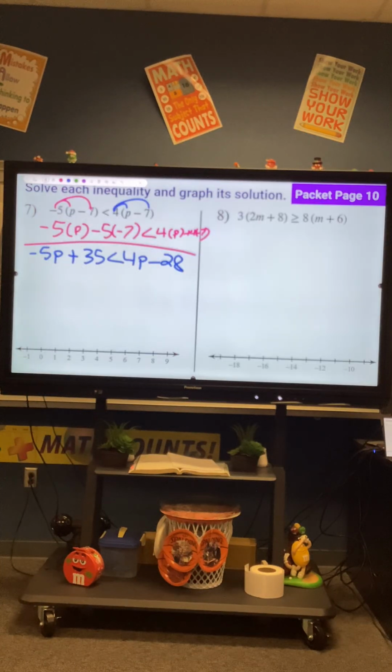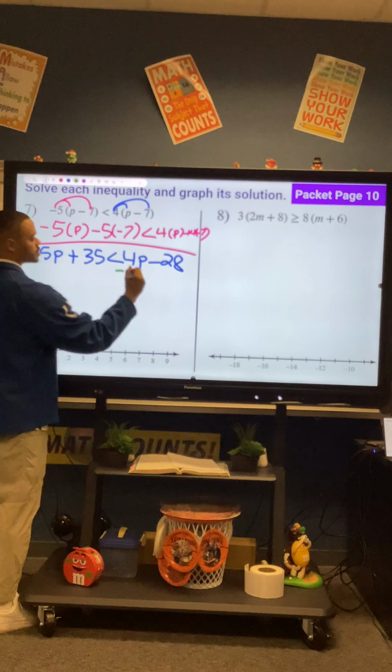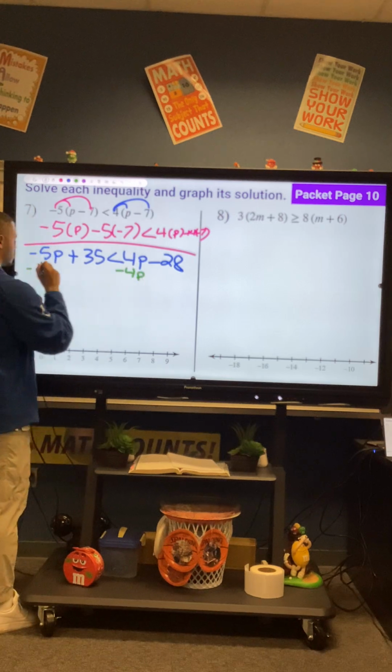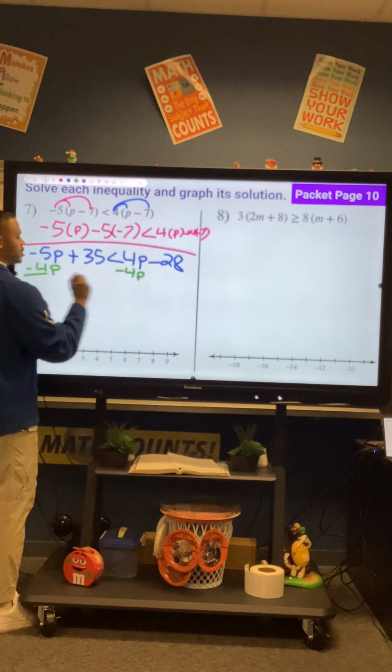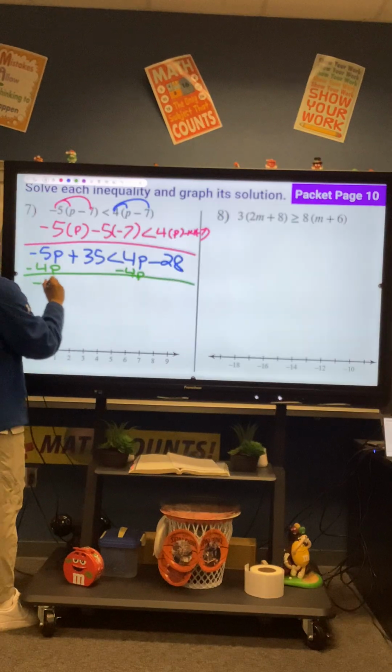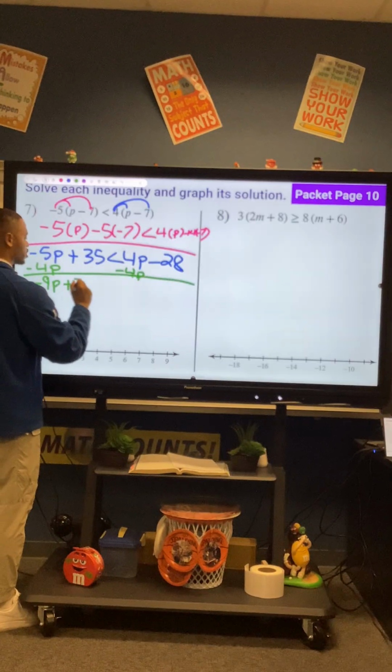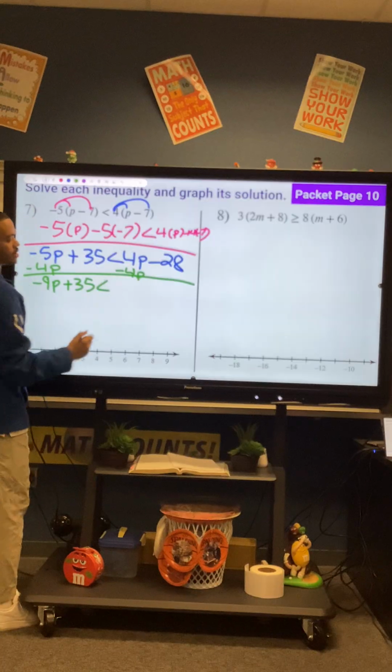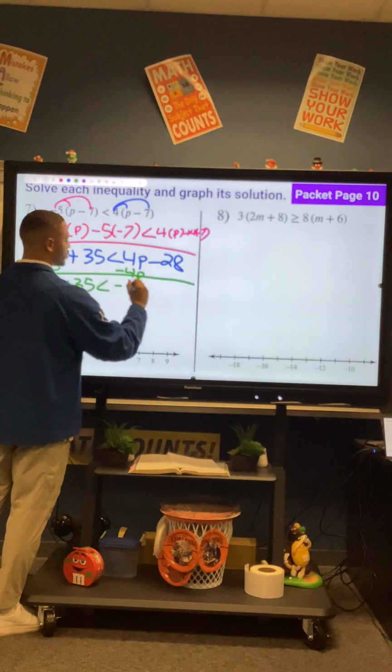Now, like I said, I always like to keep my P positive, but in order to avoid having to rewrite, I'm going to subtract 4P from each side. That leaves me with -9P plus 35 is less than -28.